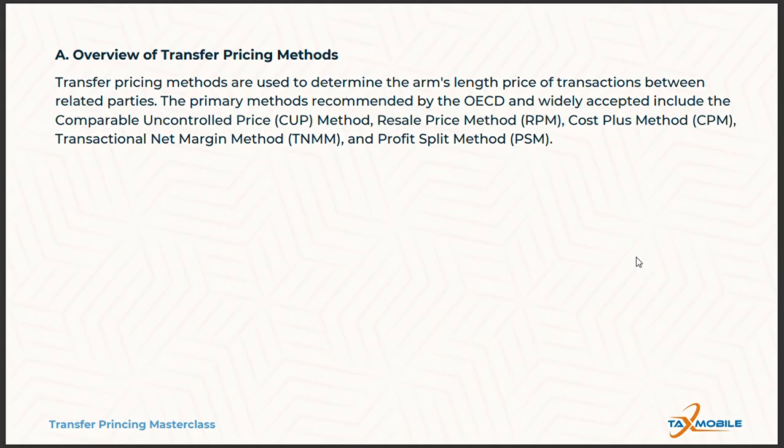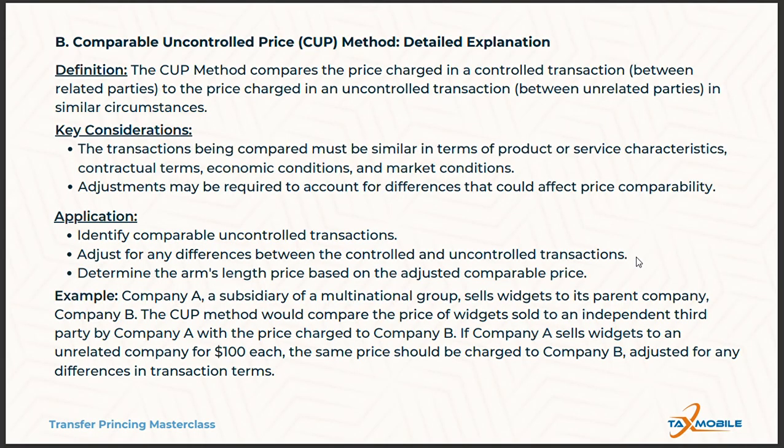Each method has its own strengths and weaknesses and is suited to different types of transactions. So choosing the right method is critical for achieving compliance and ensuring that transfer prices reflect market realities. Very, very important. So let's start with the comparable uncontrolled price method.